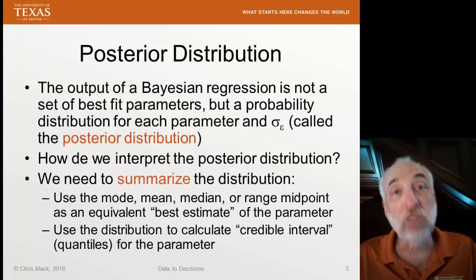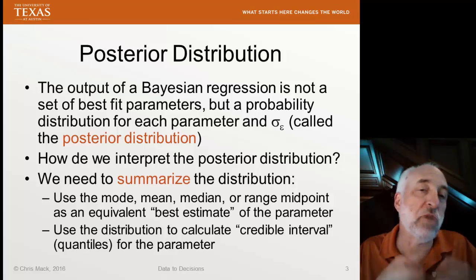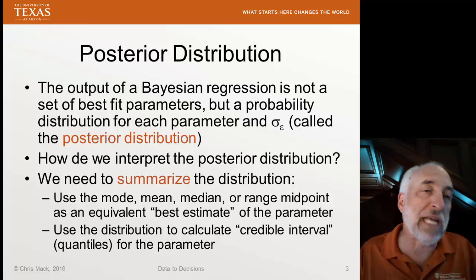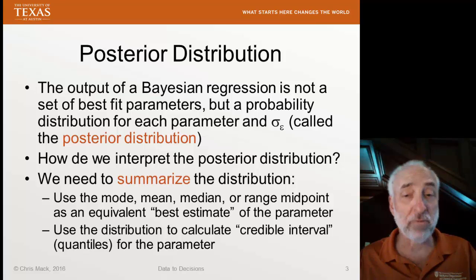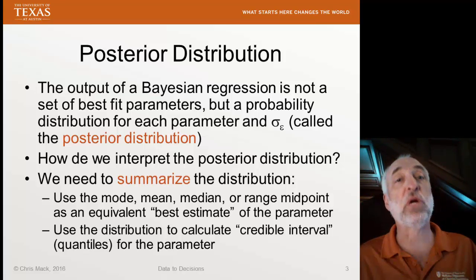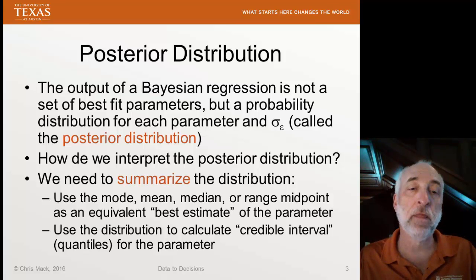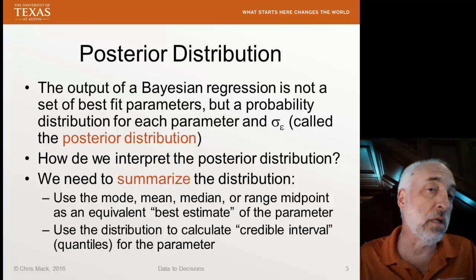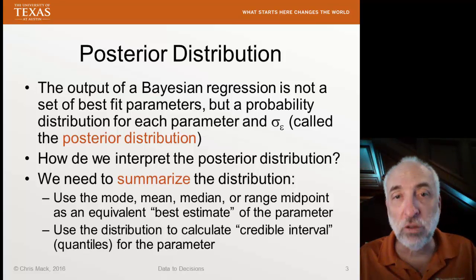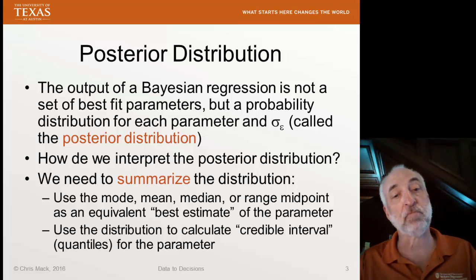And usually that involves summarizing the distribution. Like many cases where we collect a bunch of data and look at a distribution, we often simply report a couple of summary parameters for that distribution of data. For example, a parameter of location or central tendency and a parameter of spread or scale.